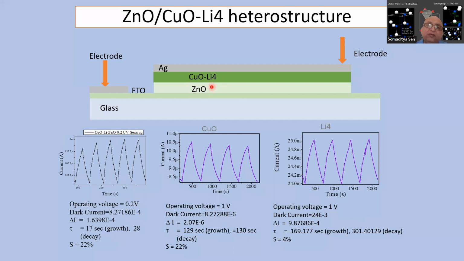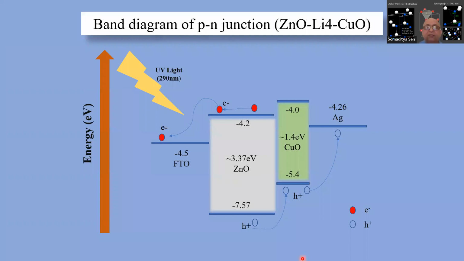When you sandwich lithium doped copper oxide with zinc oxide, this device becomes very fast. You can see the tau has become 17 seconds instead of 129 seconds for the normal copper oxide and the lithium doped one. So just by sandwiching it with zinc oxide, it has become faster. And that is because you have facilitated the electron transport.